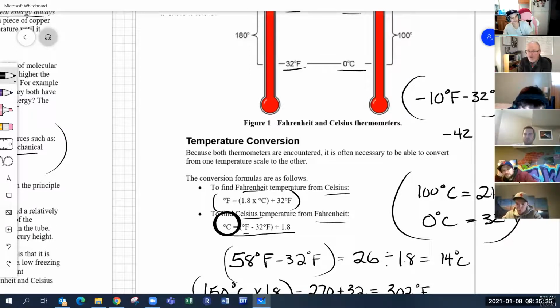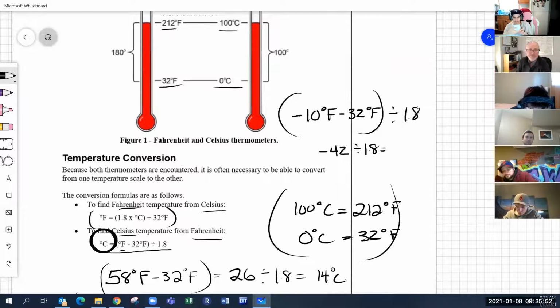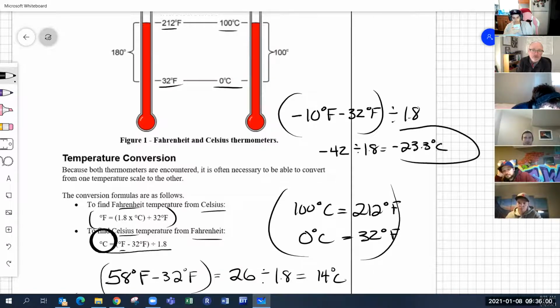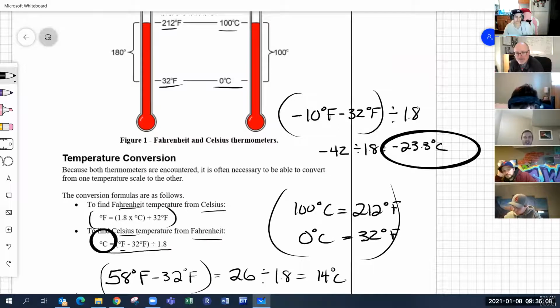Minus 42. And then I divide that by 1.8. Somebody do the math? That'd be negative 23.333 repeating. There you are. So it's important we use those numbers appropriately. Okay, Steve? Thank you. So minus 10 degrees Fahrenheit is equal to minus 23.3 degrees C.